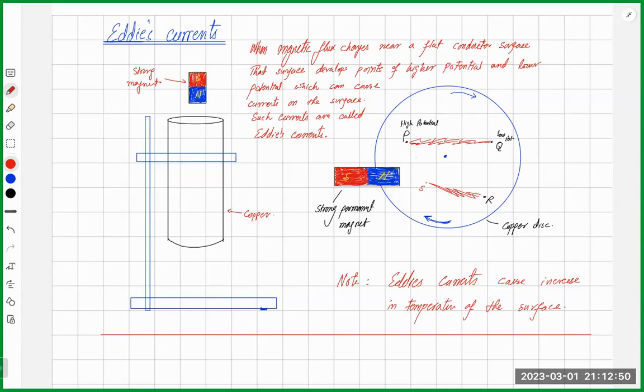In this case, if we focus on any short part of the surface, the left hand Fleming rule or right hand Fleming rule will be applied. Currents are random.